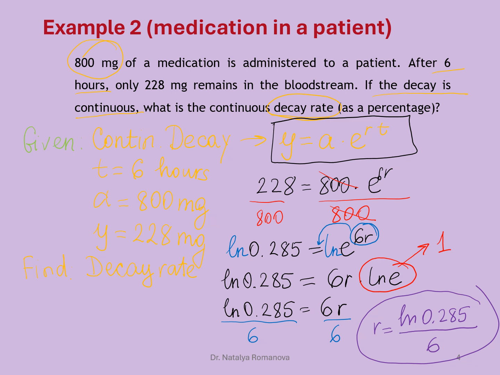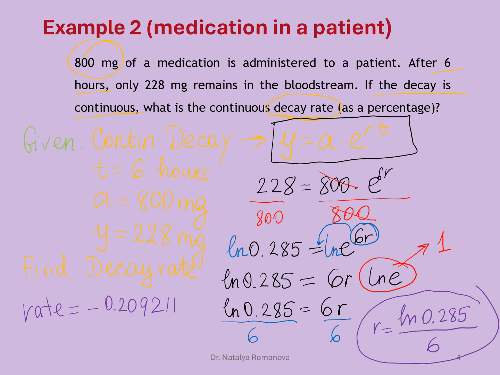Using a calculator, you can find this value of the rate, and we have rate equals negative 0.209211. We need to convert to a percentage, but carefully: the percentage is always positive, because it represents the amount of decrease, not the direction.